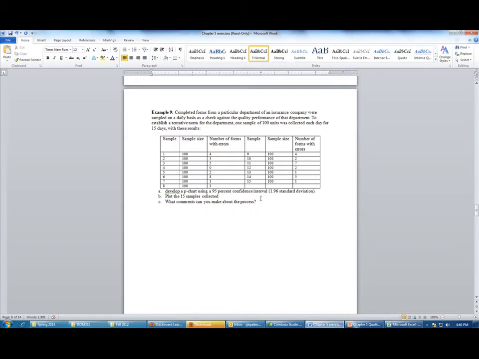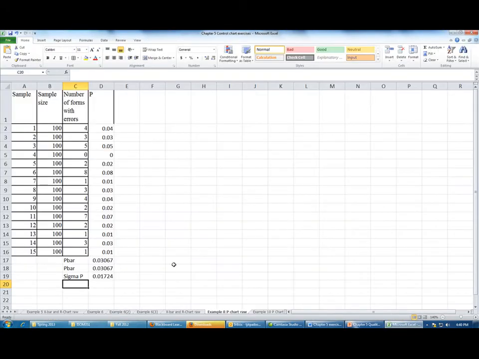So that's z value equals 1.96. Okay, so we're going to find the upper control limit P, lower control limit P, and center line P and P.